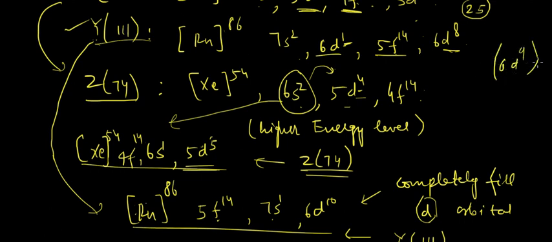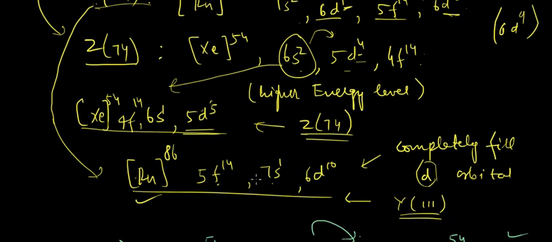Okay, so 6d9 lacks one electron to get a completely filled orbital. So one of the electrons will be getting transferred from 7s2 to 6d9. So hence 7s1 would be remaining and 6d10 would be there. So this is a completely filled d orbital. Okay, so this would be the final configuration of Y111.